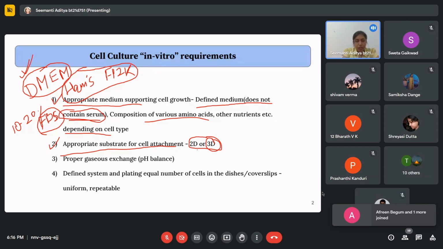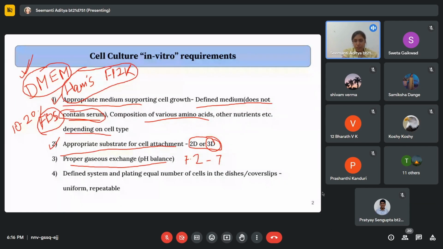Also, we need to have proper gaseous exchange and pH balance in the cells, so that the proper pH is maintained. The ideal pH should be between 7.2 and 7.4, that is the buffering pH range. This is maintained by the sodium bicarbonate buffer system.